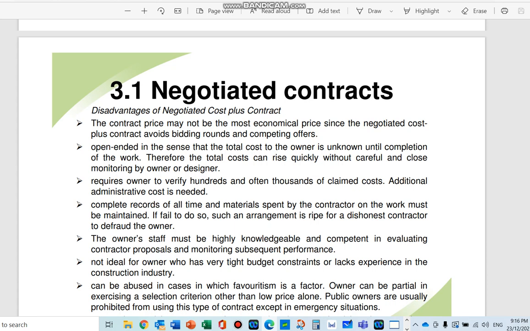Then this will be reflected onto the tendering procedures as well, which is the fourth part.